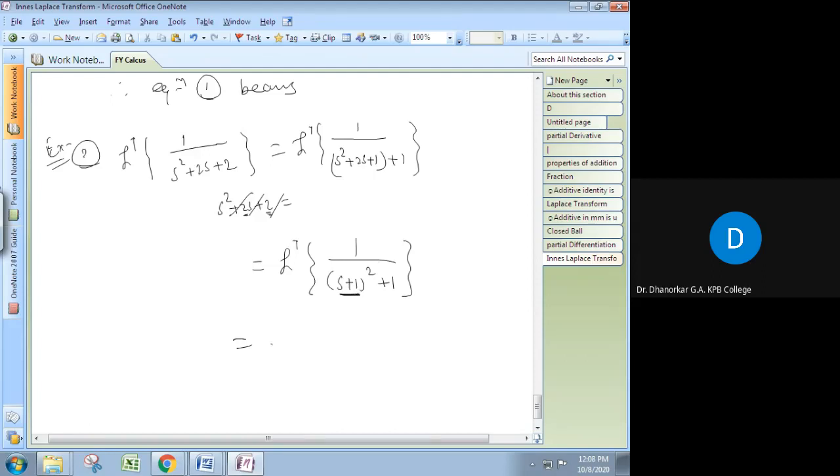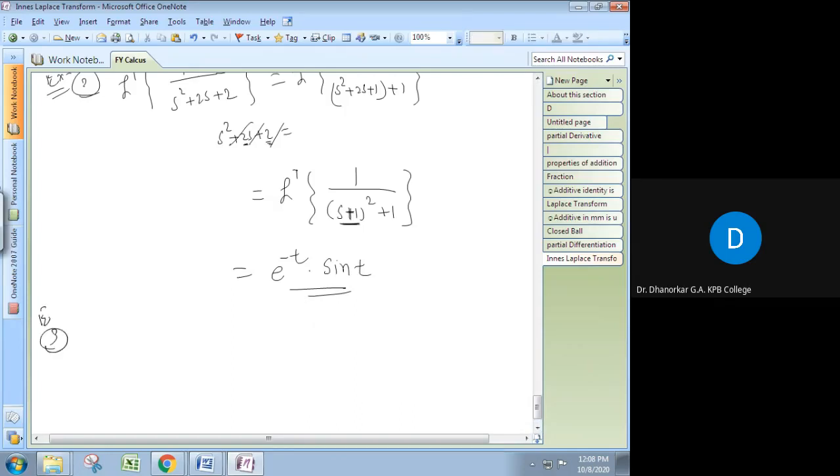If increment in s is there, then we have to multiply by e to the minus t. So sin is sin here. Therefore I am taking minus t. बचा क्या है? L inverse of 1 divided by s square plus 1 term बचा है. If factors do not exist, then we have to apply this type of logic and then we can find the answer.